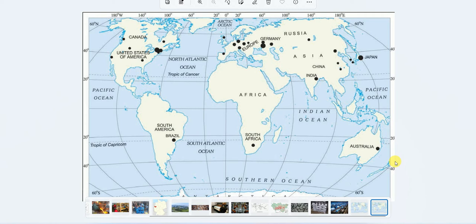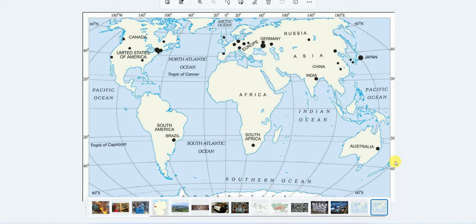So the major iron and steel producing areas roughly correspond with these iron ore producing areas, and that is why I am showing this map.